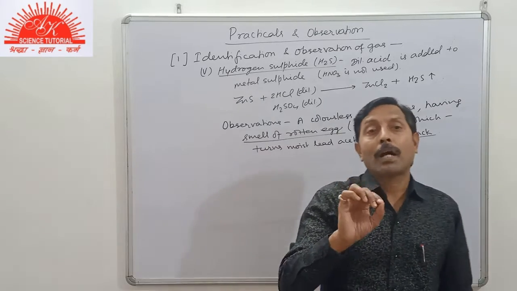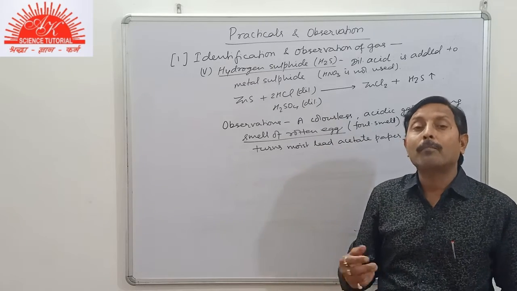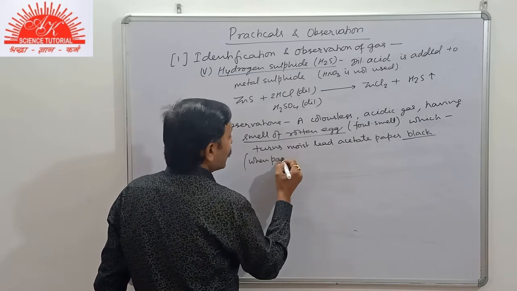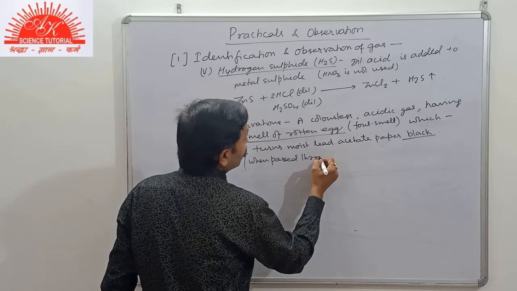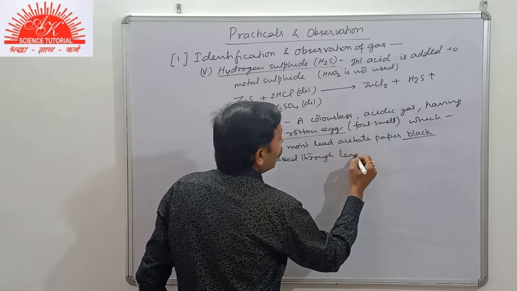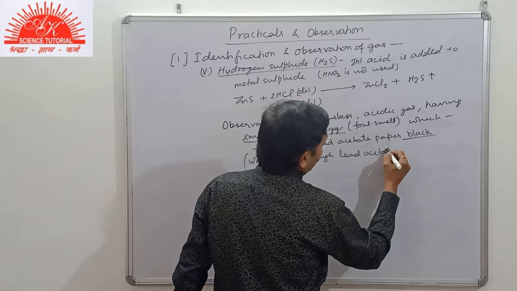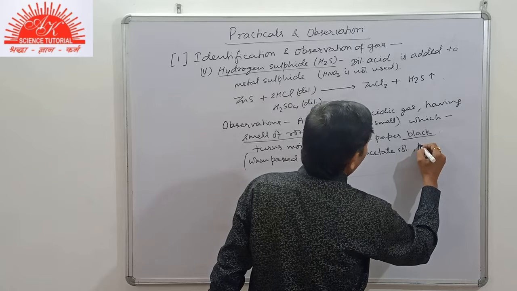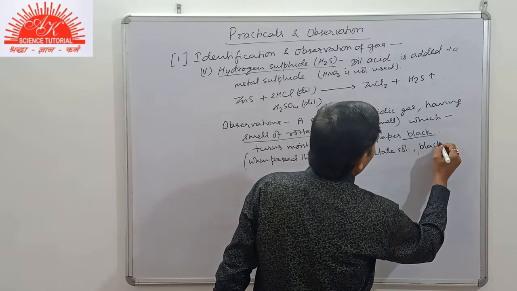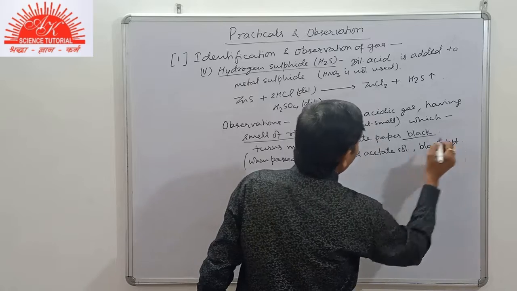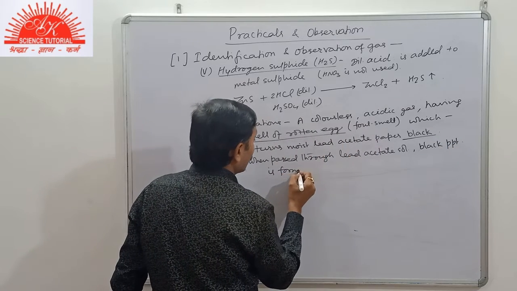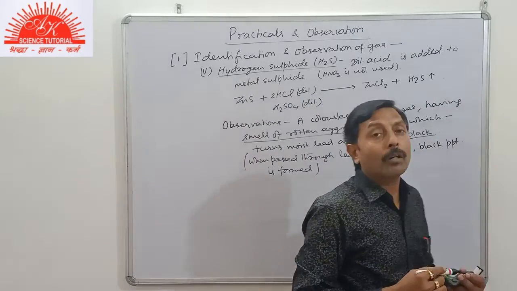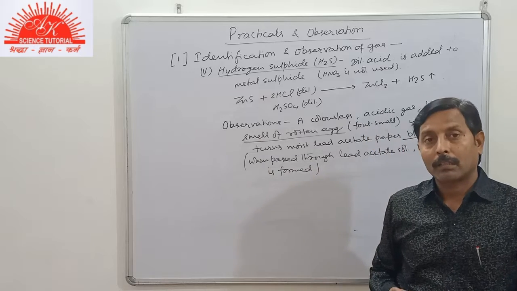Or when it is passed through lead acetate solution, then black precipitate is formed. Now, what is the cause of turning to black or formation of black precipitate?